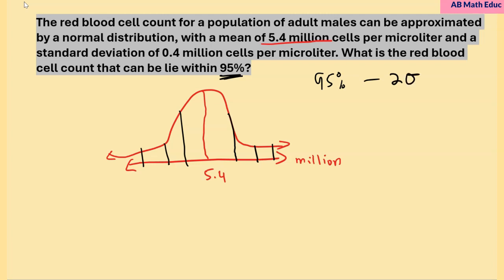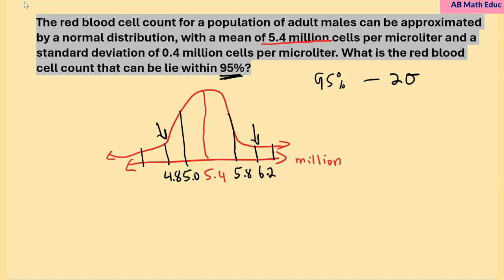So here we add 0.4 million, which is going to be 5.8, and we add again, it's going to be 6.2, and that's what we are interested in. Subtract 0.4 from 5.4, we get 5.0, and then we subtract another 0.4 from 5.0, and then we get 4.6. And that's what we are interested in.